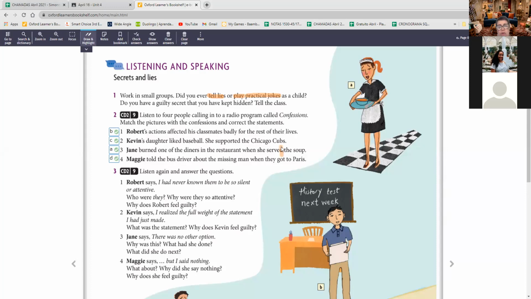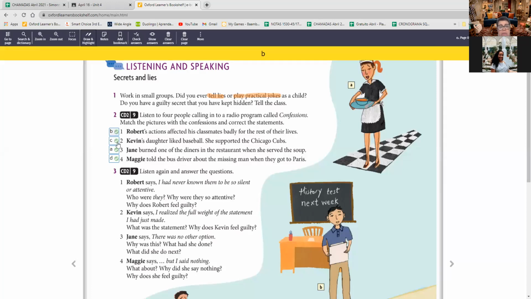So here, of course, we won't be able to listen to the radio program or the radio show now because we're running out of time. But here, what we have to do is listen to four people calling in to a radio program called Confessions. Match the pictures with the confessions and correct the statements. So here the pictures are matched. The first one is picture B, okay?